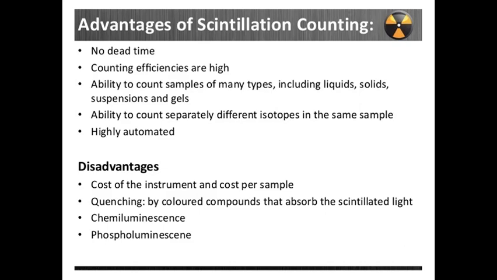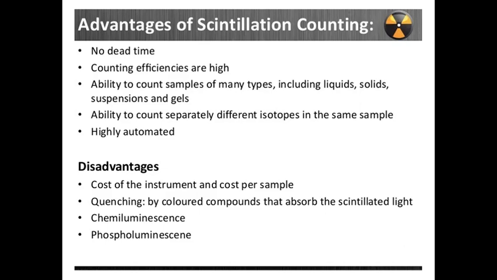And there is the ability to count different isotopes separately in the same sample, as I already told you initially, because the scintillation counter is able to measure the radioactivity of different radioactive isotopes which emit ionizing radiations of different energy. Another advantage is that it is highly automated.